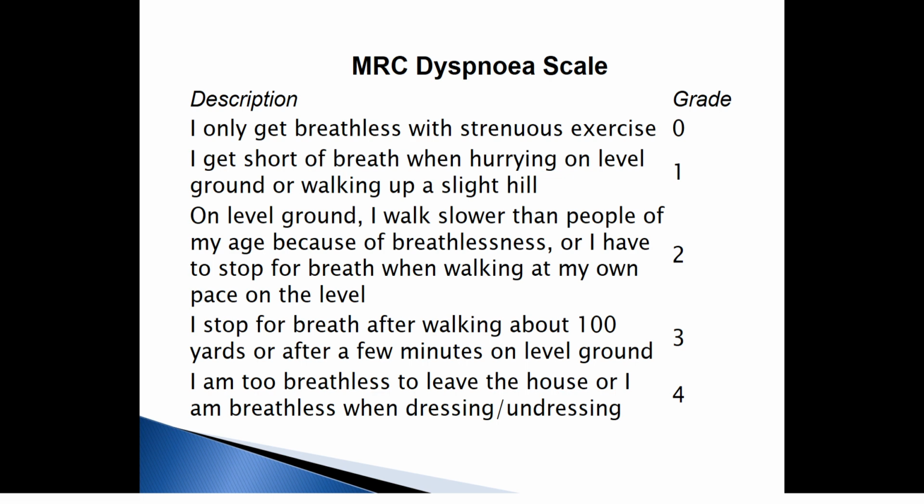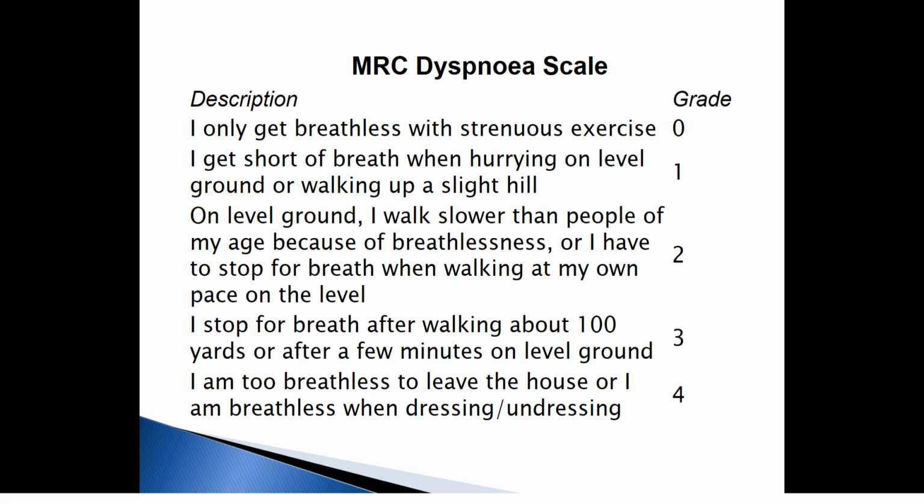First statement. I only get breathless with strenuous exercise. It is a normal situation and we don't give any points to the person. Next statement. I get short of breath when hurrying on level ground or walking up a slight hill. 1 point. Next, on level ground, I walk slower than people of my age because of breathlessness, or I have to stop for breath when walking at my own pace on the level. 2 points.